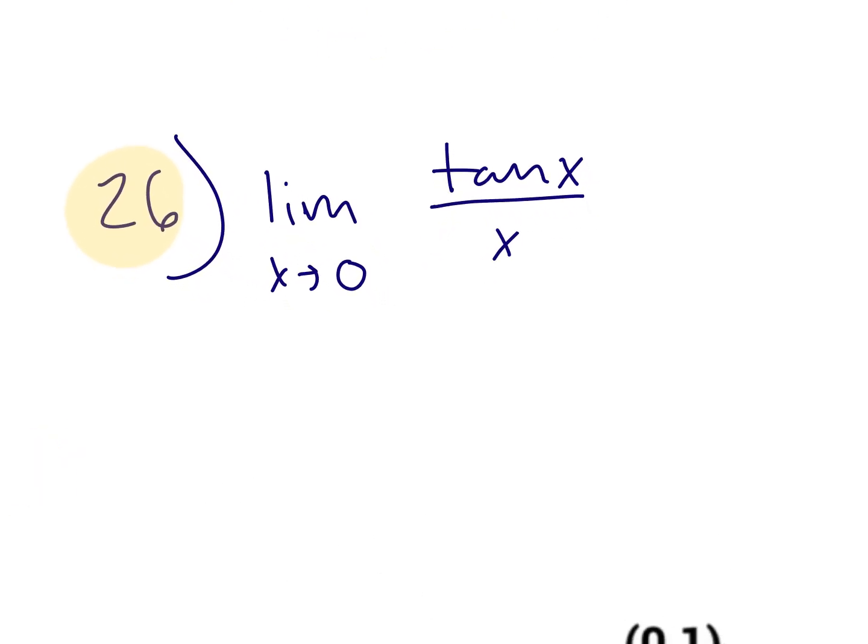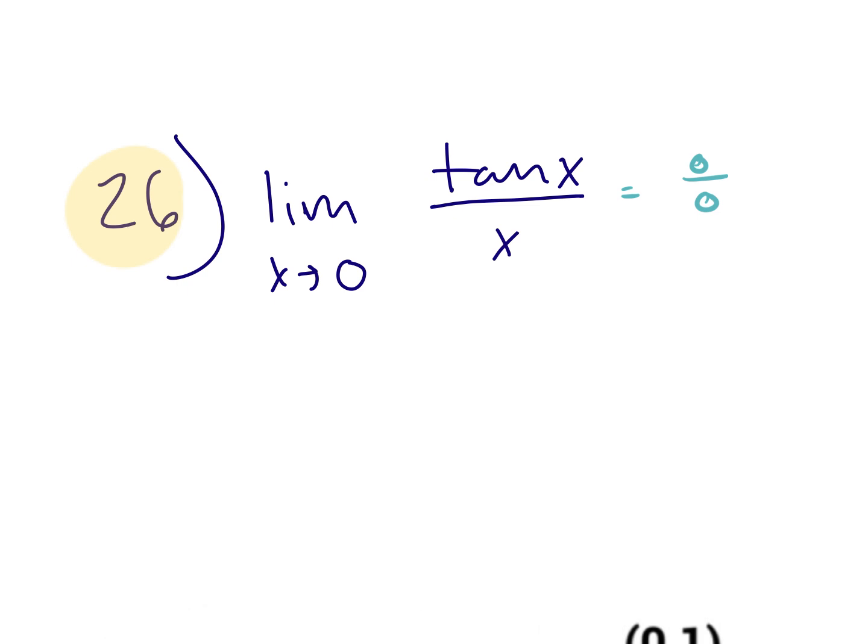26, same thing. When we did this the first time, we did not use L'Hopital's rule, but we can, because when we plug in 0, we get tangent of 0, which is 0, over 0. So 0 over 0 tells us we can use L'Hopital's rule.